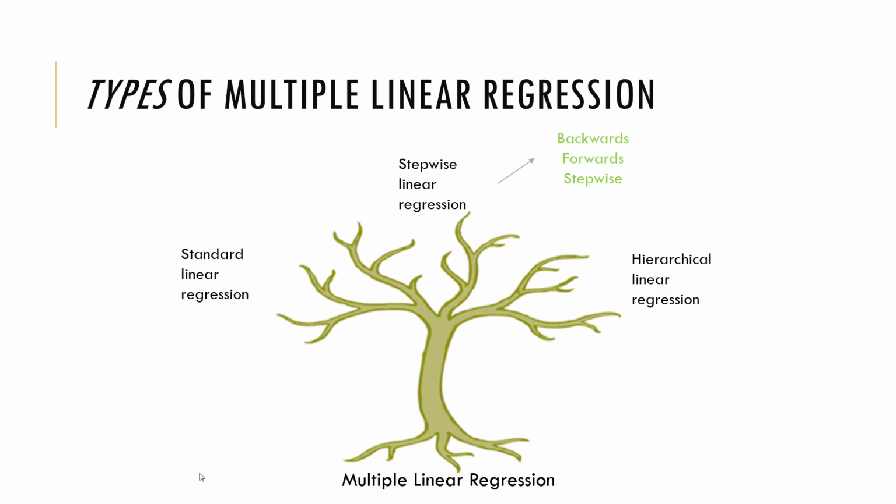The thing with stepwise linear regression is that it can be particularly useful if you're doing exploratory research and you've got a very large number of initial variables and you want to condense it down to make it more manageable. Stepwise linear regression can help you do that because the regression analysis will chuck out any variables that it thinks aren't pulling their weight in the model.